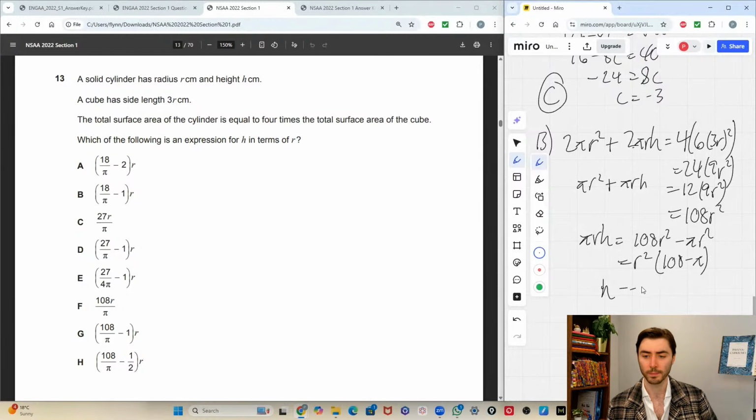Divide by pi r, so that's r over pi into 108 minus pi, which is none of the options. Let's multiply the pi over pi, so r into 108 over pi minus pi squared.